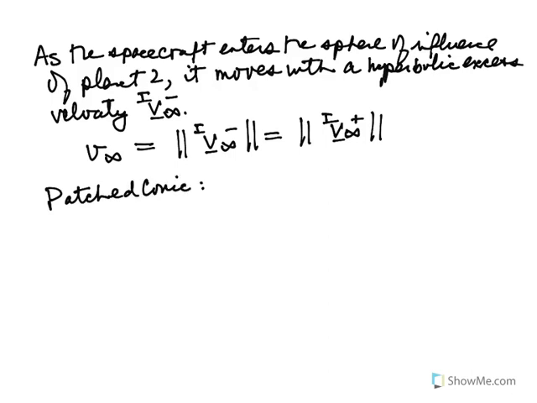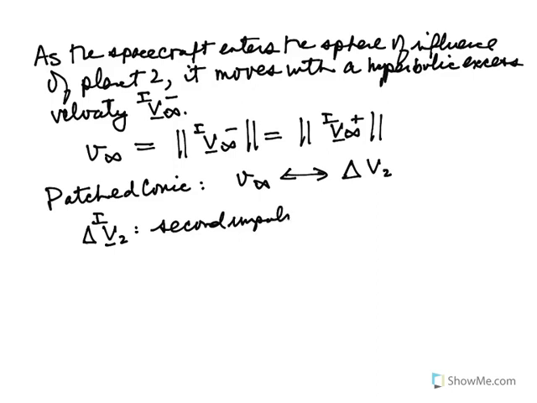Patched conic means that the v infinity has to match the delta v2 of the Hohmann transfer, where delta v2 is the second impulse of an interplanetary Hohmann transfer.